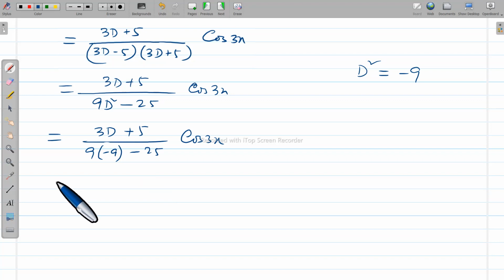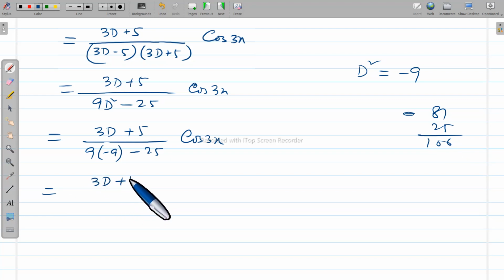Clear? So now it is coming minus 106. Please check. Your result is coming 3d plus 5 by minus 106 cos of 3x.